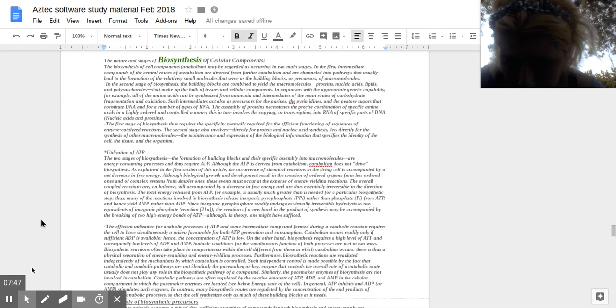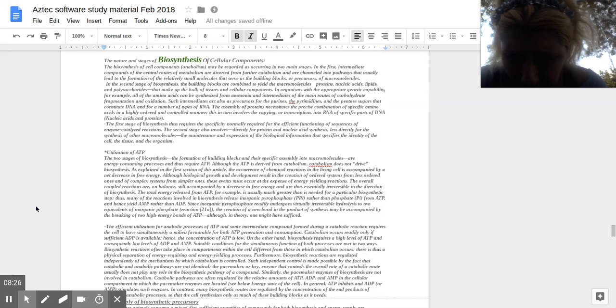The total energy released from ATP, for example, is usually much greater than is needed for a particular biosynthetic step. Thus, many of the reactions involved in biosynthesis release inorganic pyrophosphate rather than phosphate from ATP, and hence yield AMP rather than ADP.